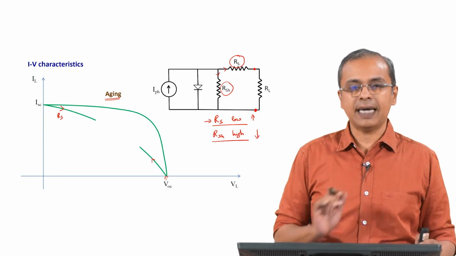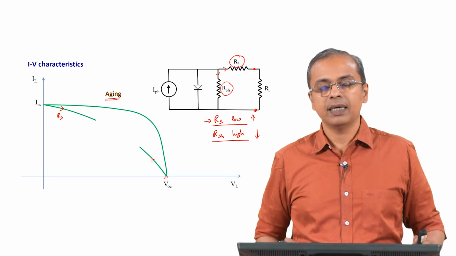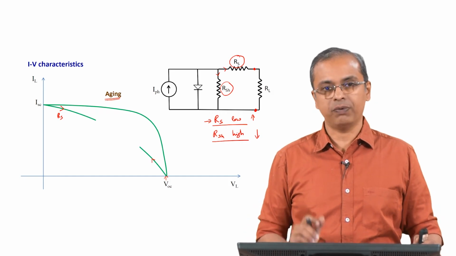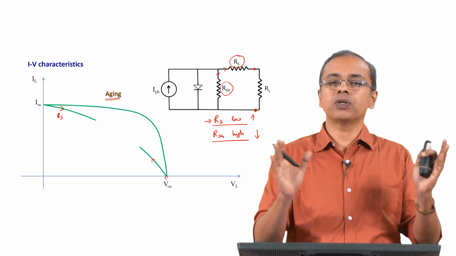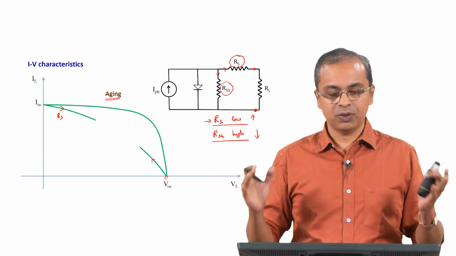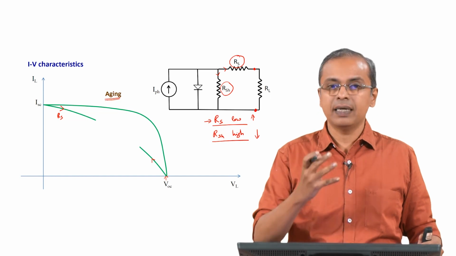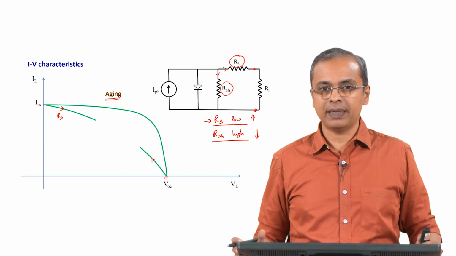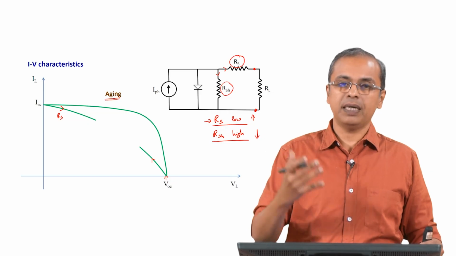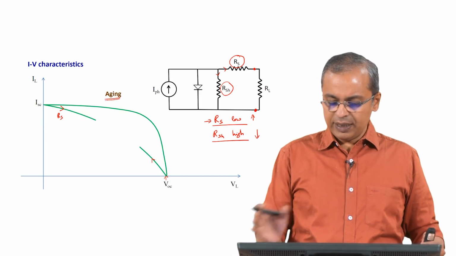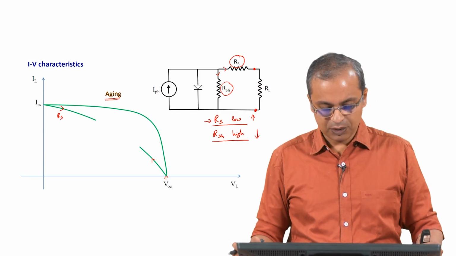So, you can see the characteristic is going to change dramatically, and it is also going to affect your maximum power point. Even though open circuit voltage will look relatively undisturbed, this is important information to keep in mind: this is how the character of the solar panel changes with time, and you have to keep that in mind when you use that panel. Okay. So, these are all the major parameters associated.